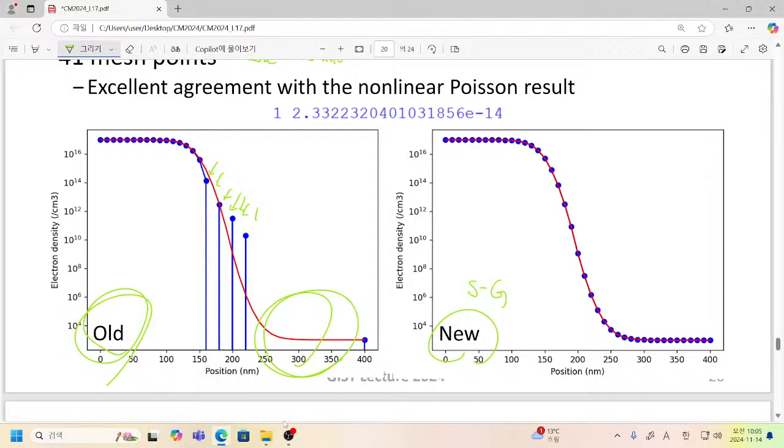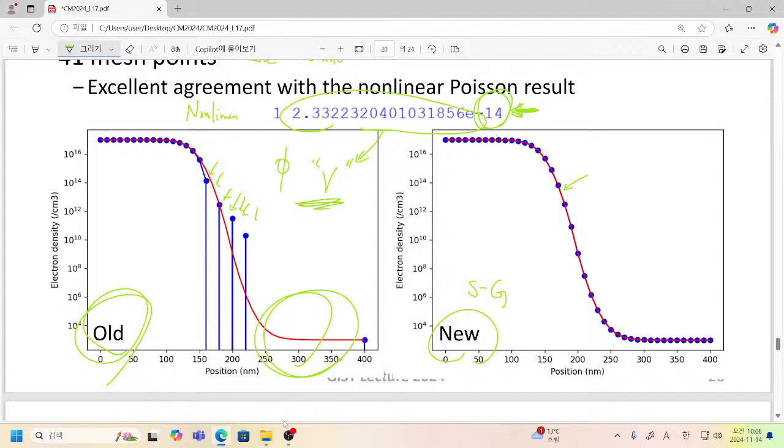So then what is this strange number? This number is obtained from my own calculation. Starting from our previous nonlinear Poisson equation solution, this red curve, I just ran my new Scharfetter-Gummel scheme solver, and this 10 to the minus 14 was the update of potential phi in units of volts.